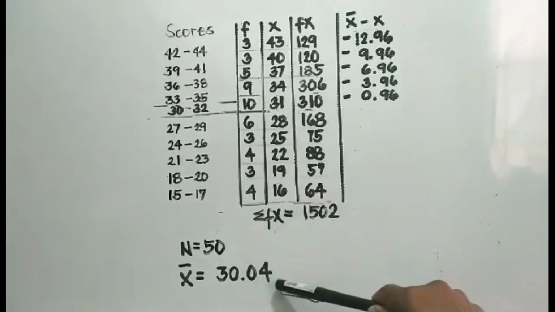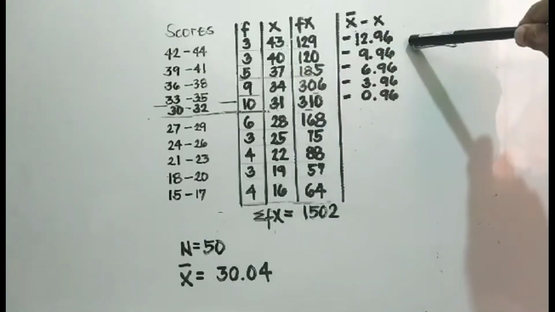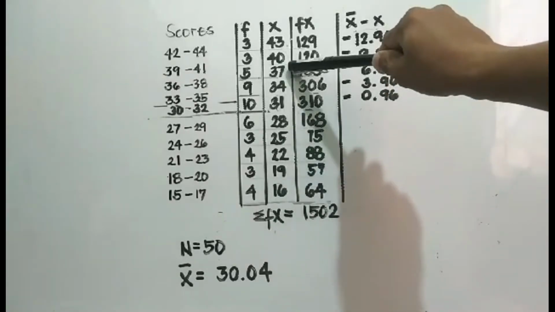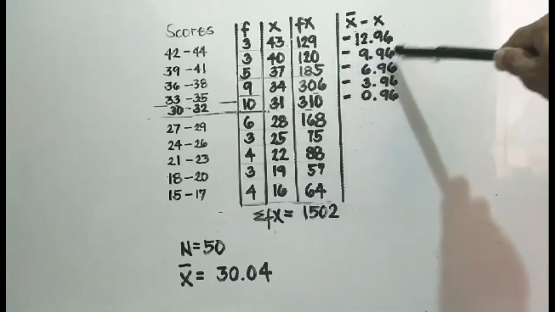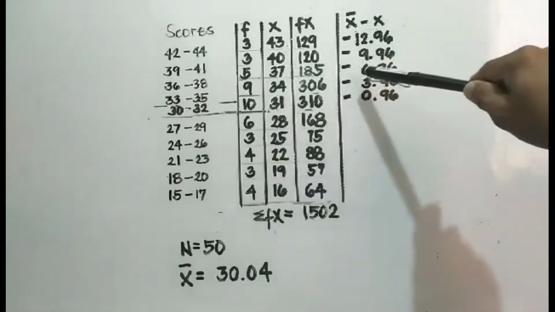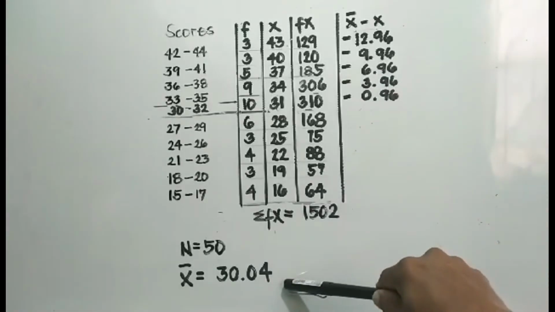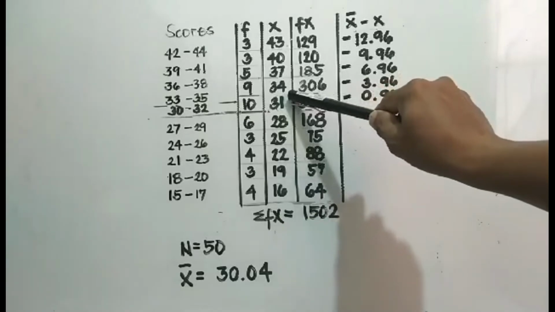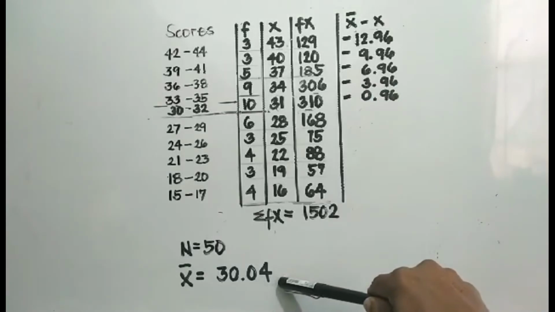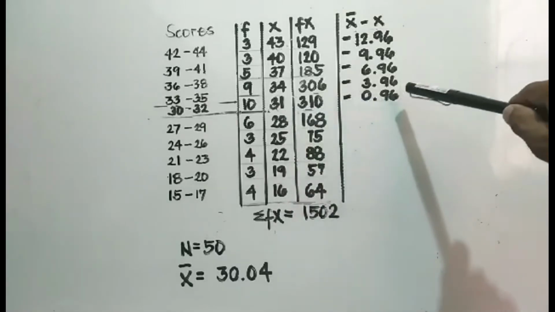Halimbawa, 30.04 minus 43 equals negative 12.96. 30.04 minus 40 equals negative 9.96. 30.04 minus 37 equals negative 6.96. 30.04 minus 34 equals negative 3.96. 30.04 minus 31 equals negative 0.96.